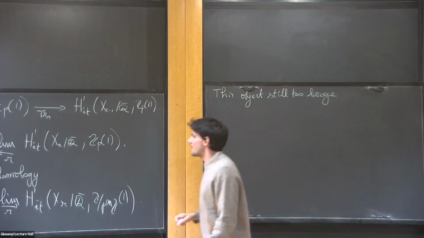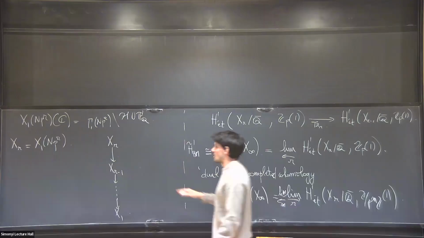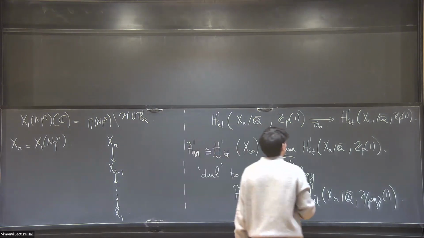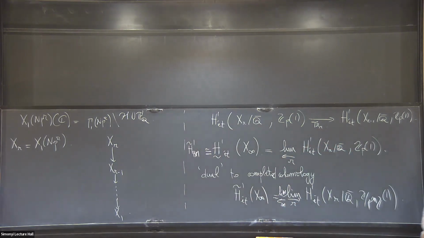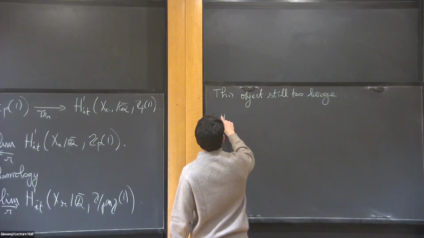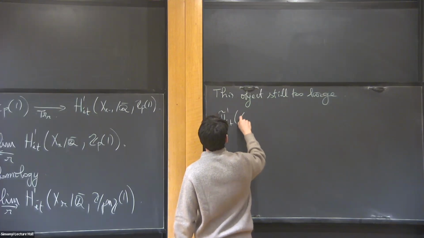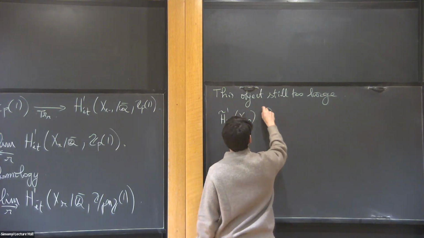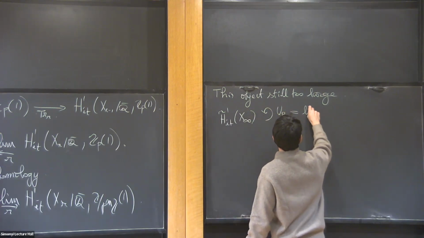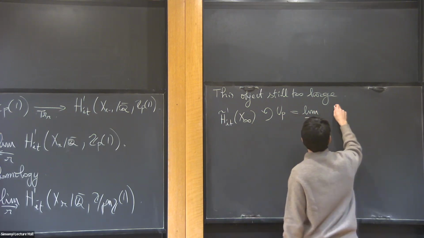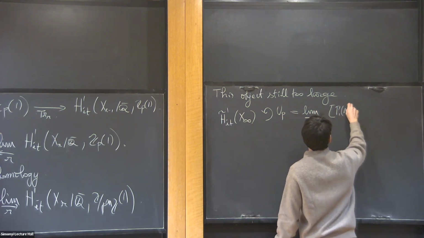And so we're going to cut it down because here we have an action of certain operators. On H^1 tilde etale of X_infinity, we have an action of the operator U_p, which is just the direct limit of the U_p operator that you all know.